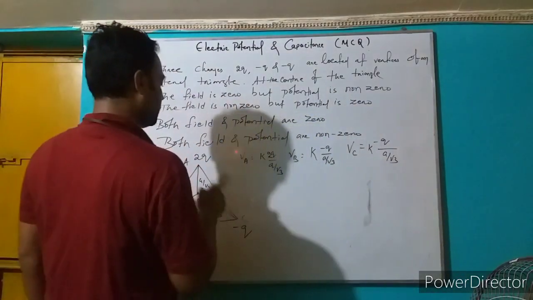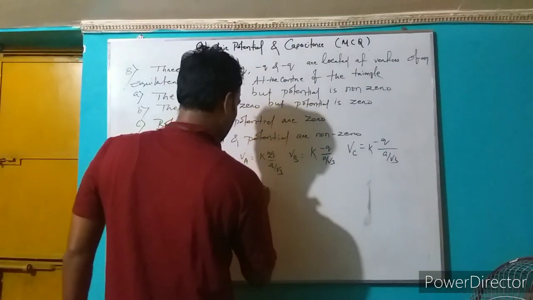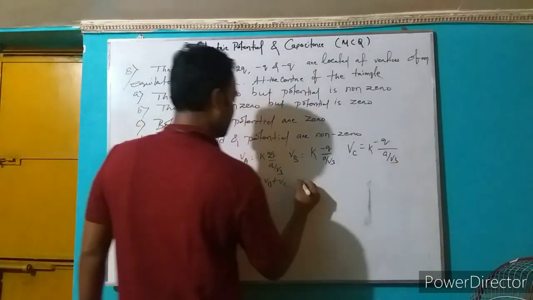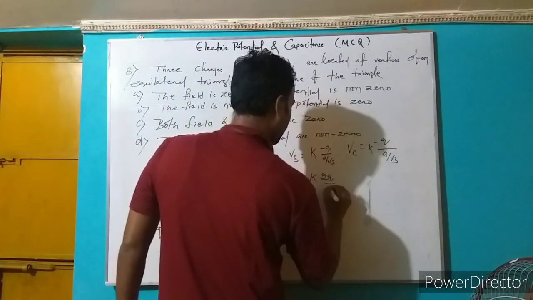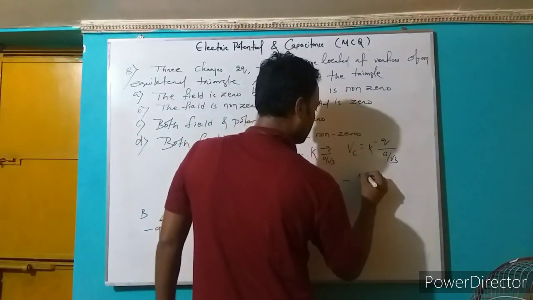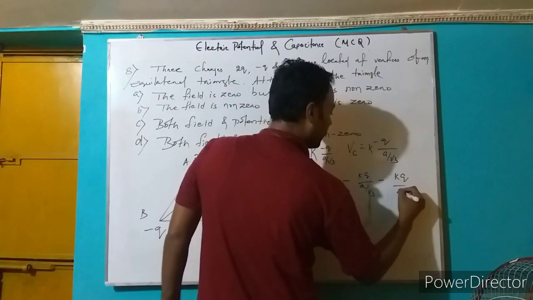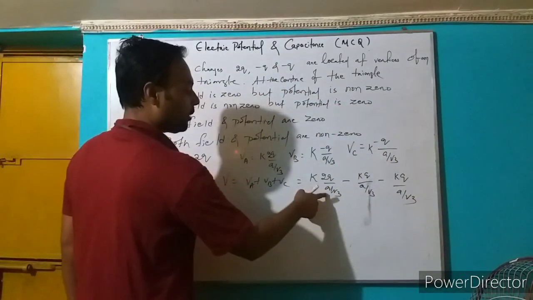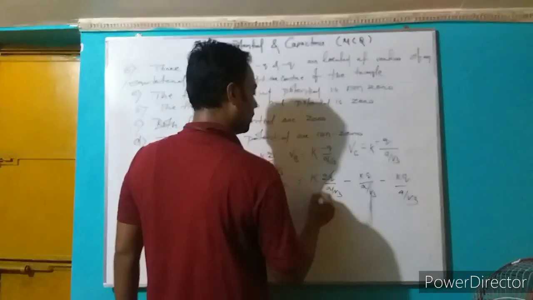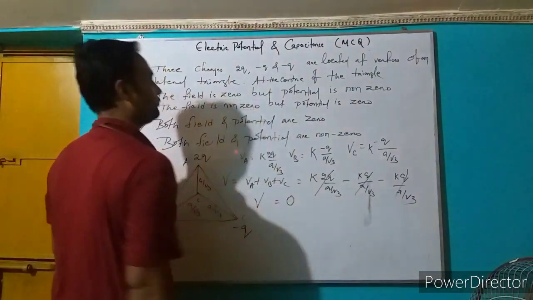If we add all these quantities, because potential is a scalar quantity, VA plus VB plus VC equals the net potential V. That means k 2q by A by root 3, minus k q by A by root 3, minus k q by A by root 3. All cancel out each other. So the potential at the center is 0.